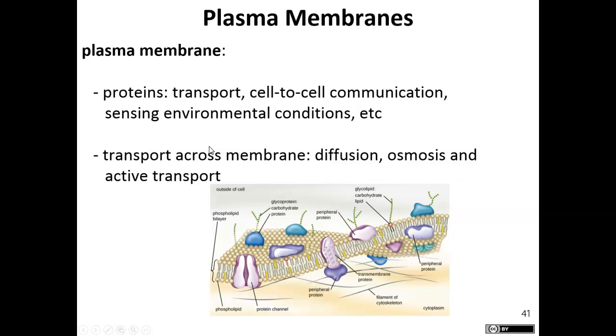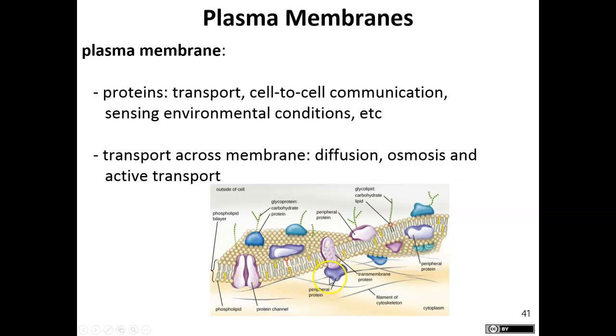But no matter which type of plasma membrane you have, there are going to be proteins that allow for different functions. So proteins are going to either span the entire plasma membrane, so that's what this is doing. These are integral proteins. They are integrated in the entire plasma membrane.